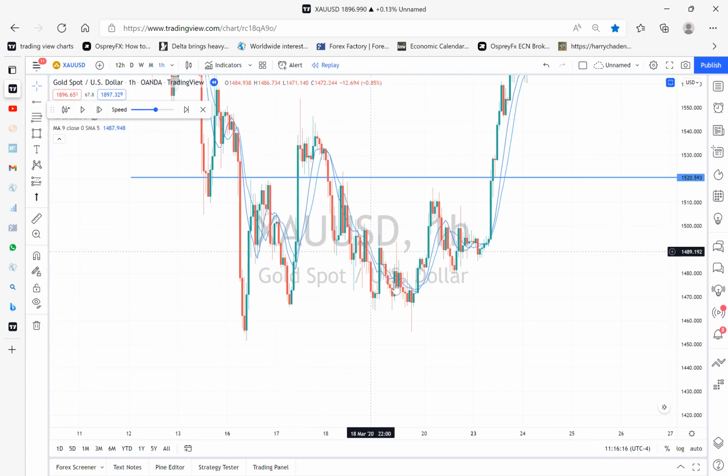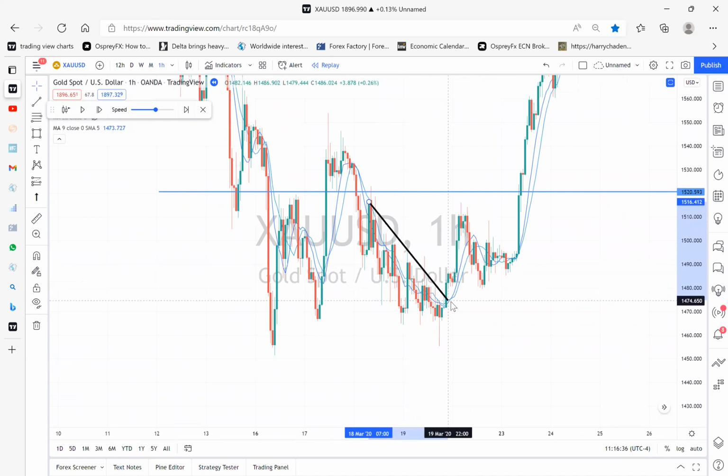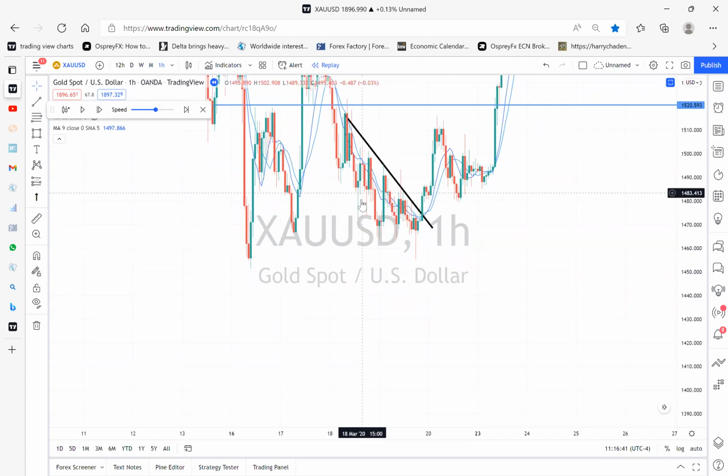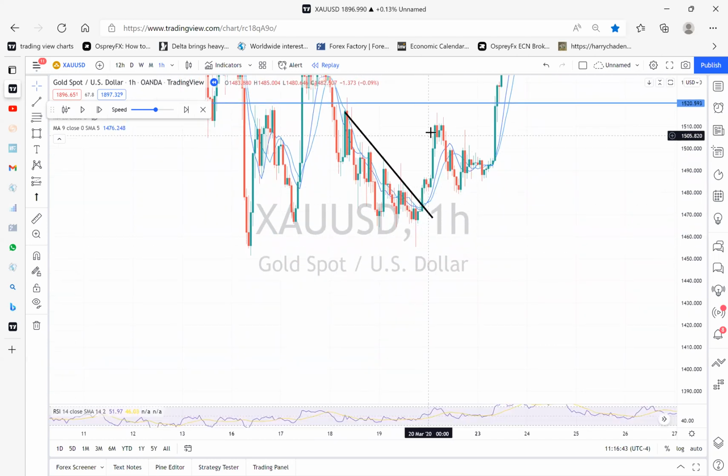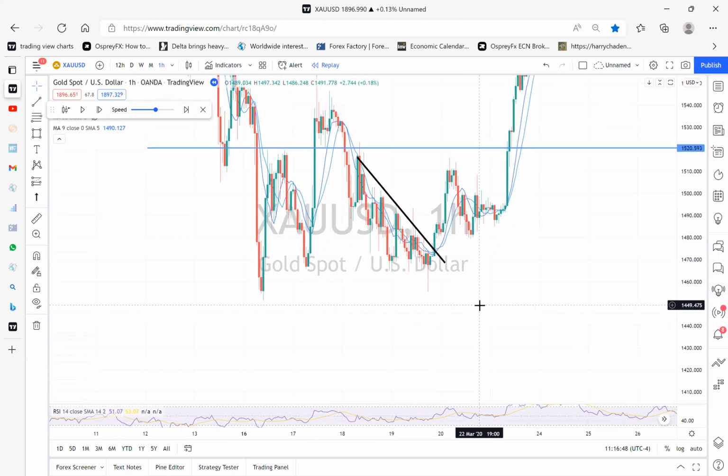I would call this two schematics back to back. This is a better depiction of a normal schematic. So you see how you have what looks to me like a trend line. Y'all see that? Right into your spring, and then you break out of that trend line. Are y'all tracking it?